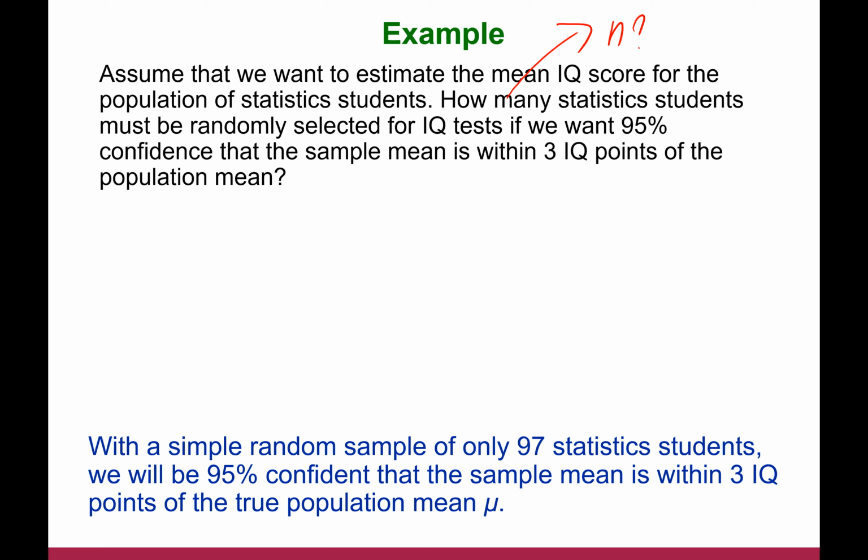This sentence gives us the margin of error: E equals 3. And we also know the critical z-score. According to 95% confidence, the critical z-score equals 1.96.